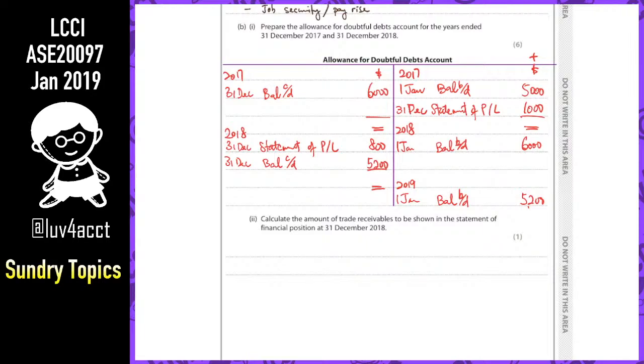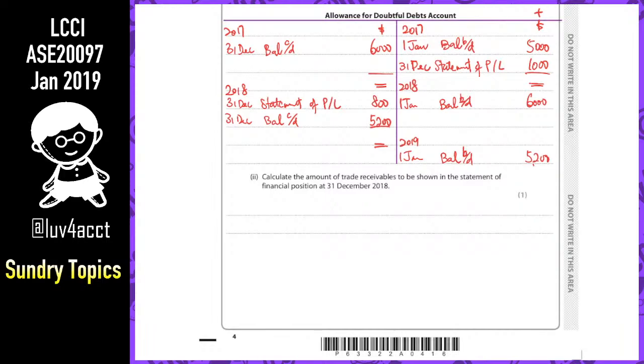Next, calculate the amount of trade receivables to be shown in the statement of financial position at the end of year 2008.